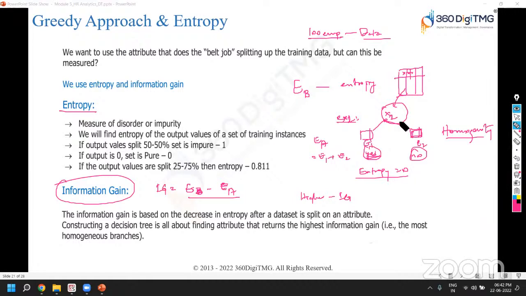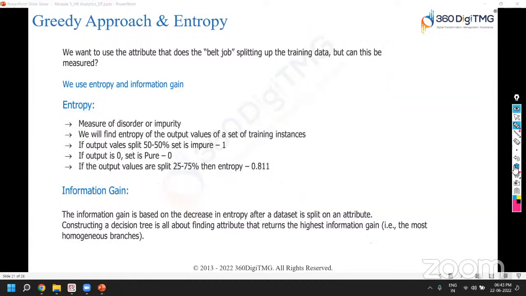But after you split the data on an attribute, it could be any attribute, we do the comparison for all the attributes. The attribute which gives us the best homogeneity means this value will be least. If this is least, then the difference will be more, right? So the higher the information gain, the better the model, or better the partition. Okay, so that is basically what information gain is. Ultimately, we are trying to find the most homogeneous branches in your decision tree.